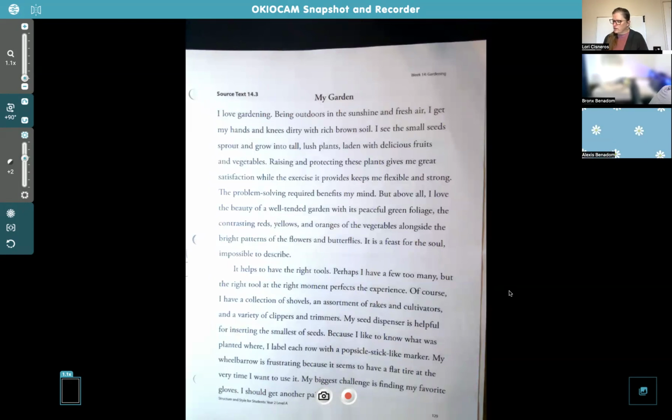Oh yeah, that's good. Label popsicle sticks, markers. Then I have finding favorite gloves.